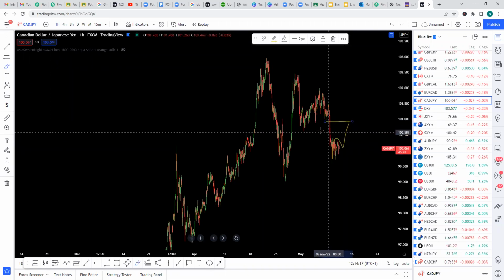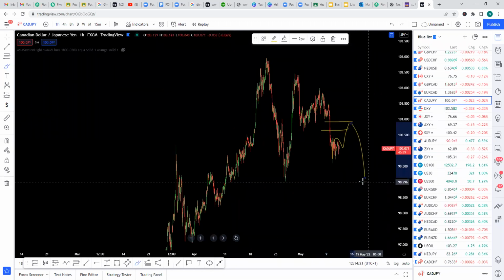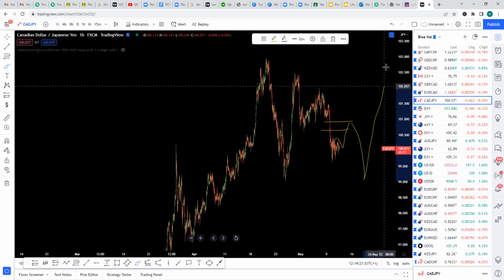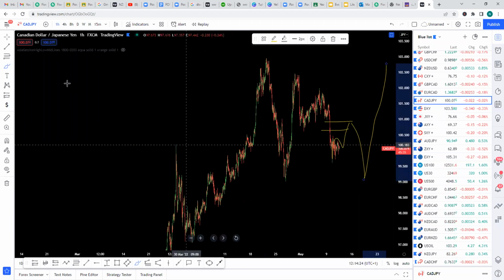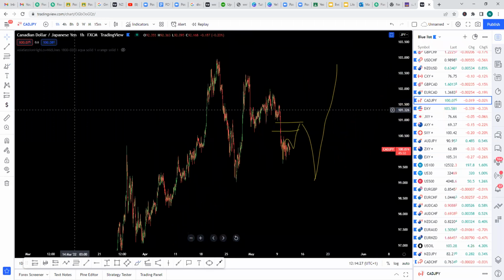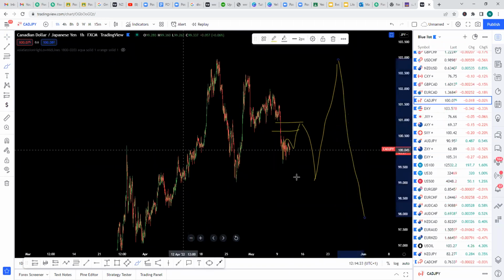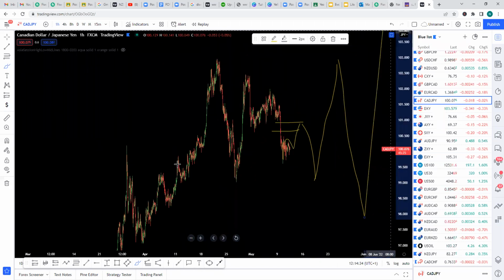It's a supply, and it comes down. After, CAD JPY must make this move. It is based on theory, not based on my own proposition. It must make that move, and then it must come down, make this structure upside.